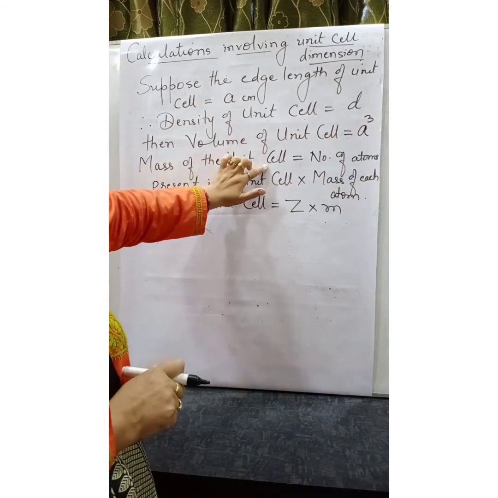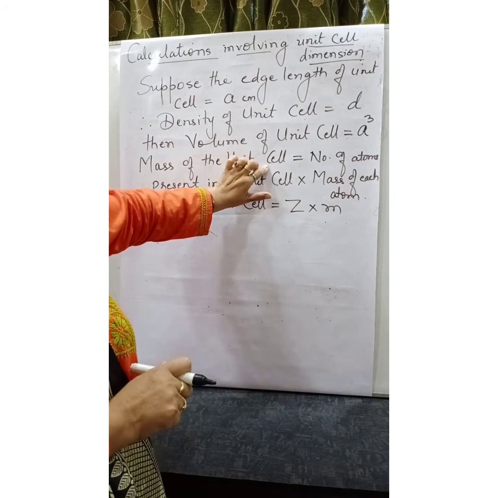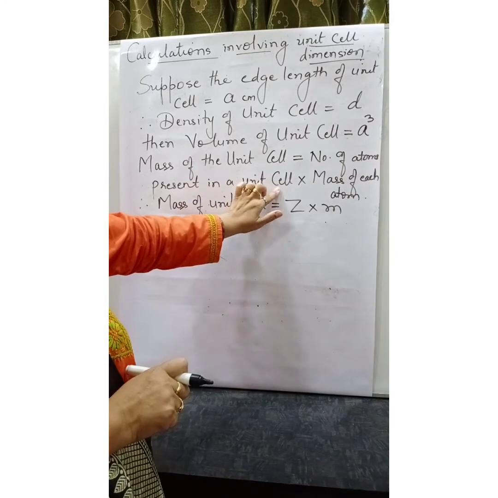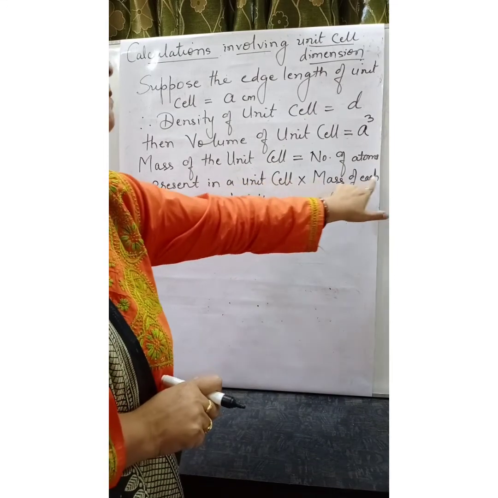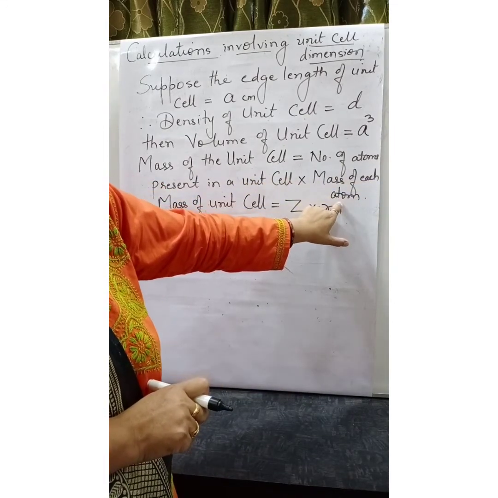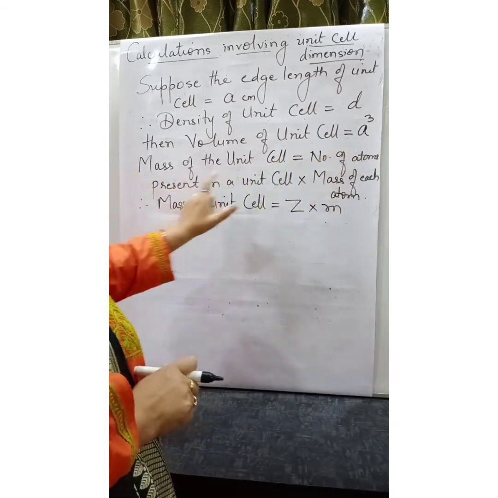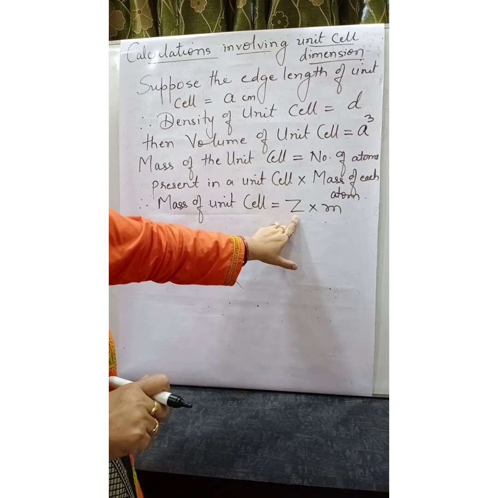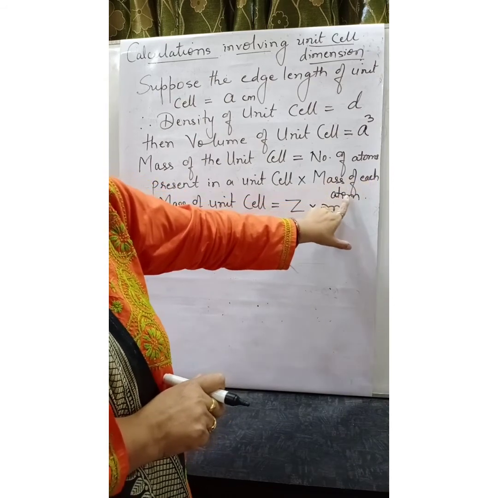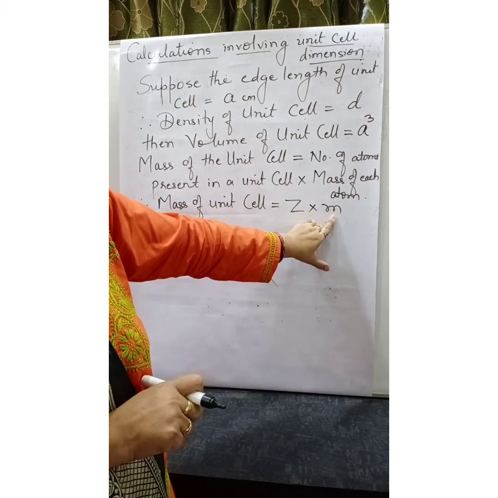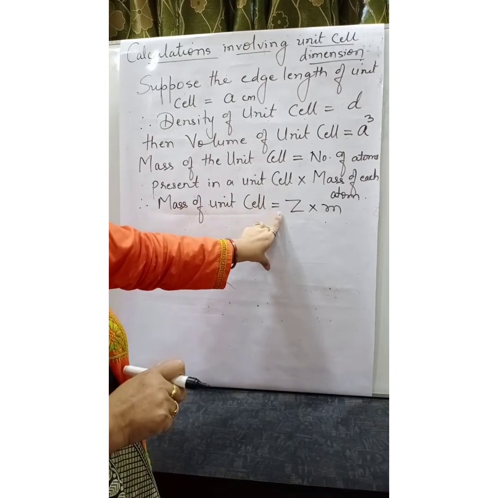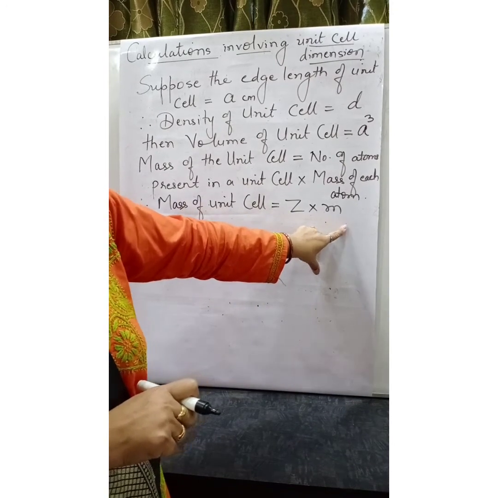Mass of the unit cell can be given by number of atoms present in a unit cell multiplied by mass of each atom. Number of atoms present in a unit cell is denoted by letter Z and mass of each atom by letter m. Hence we can write mass of unit cell is equal to Z into m.